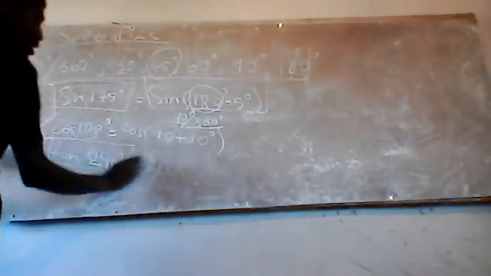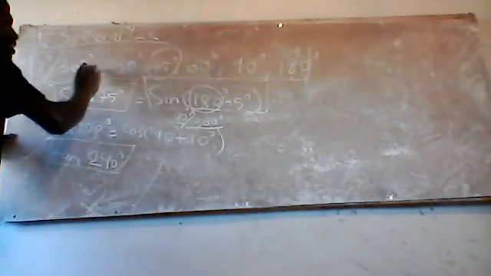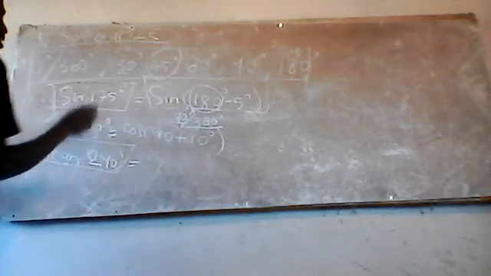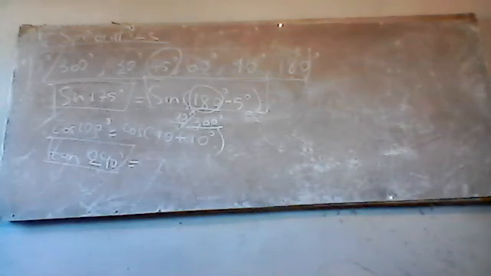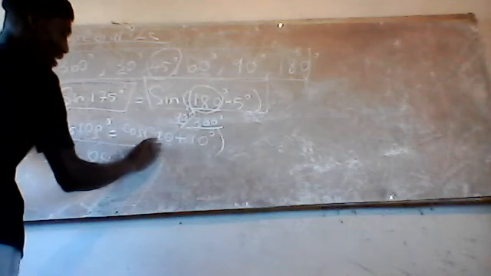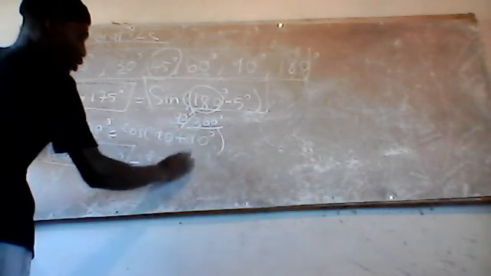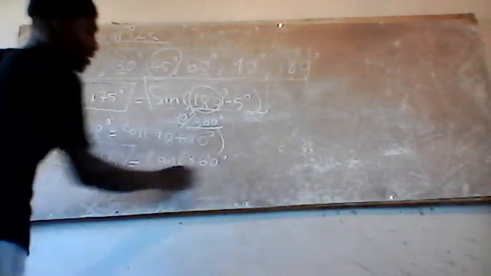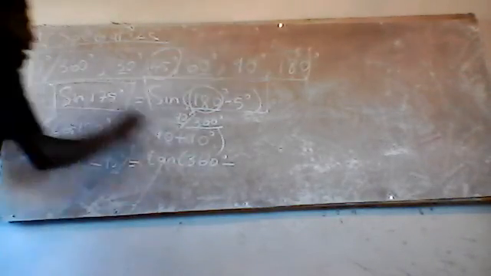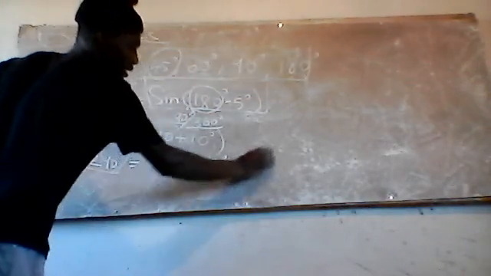Whatever answer it gives you, take the 360 and subtract that answer. So for instance, 360 degrees minus 290 is actually 70 degrees. So I can write my tan of 290 degrees as tan of 360 minus 70 degrees.